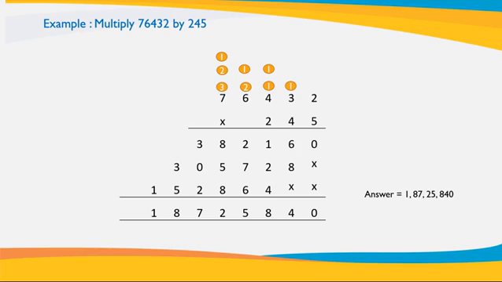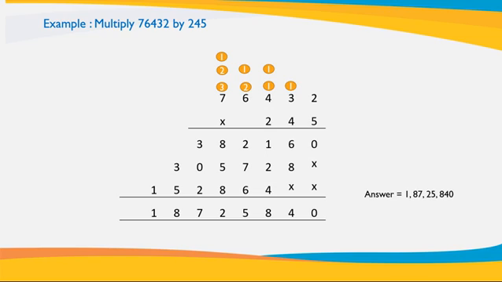First multiply 5 with 2. 5 2s are 10. Write 0, carry over 1 to the next place. 5 3s are 15. 15 plus 1 is 16. Write 6 and carry over 1 to the next place. 5 4s are 20. 20 plus 1 is 21. Write 1 and carry over 2 to the next place. 5 6s are 30. 30 plus 2 is 32.